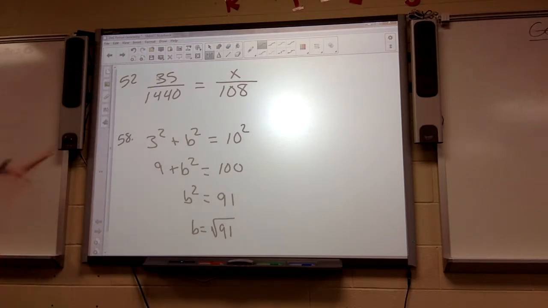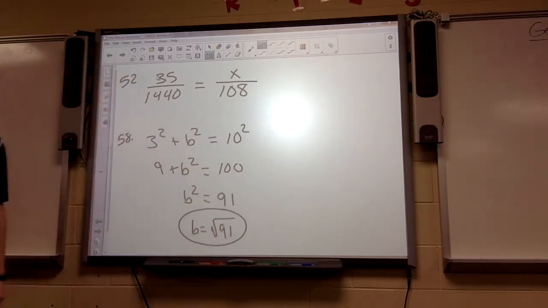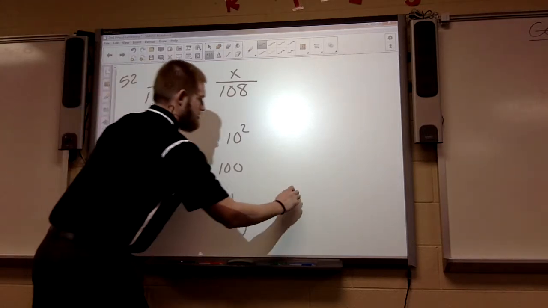And that's okay to leave as a radical if you can't reduce it. Okay, this would be your final answer there. And then you would have to multiply that by 3 to get your other side. What is 3 times the square root of 91? It's just 3 square roots of 91.